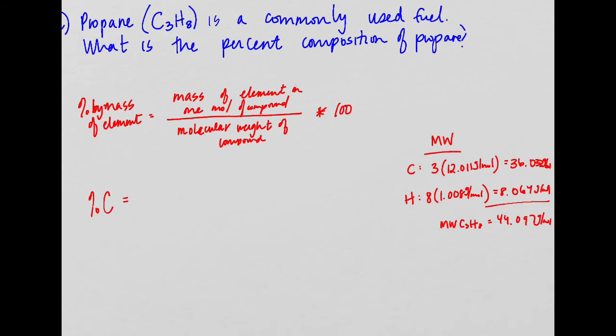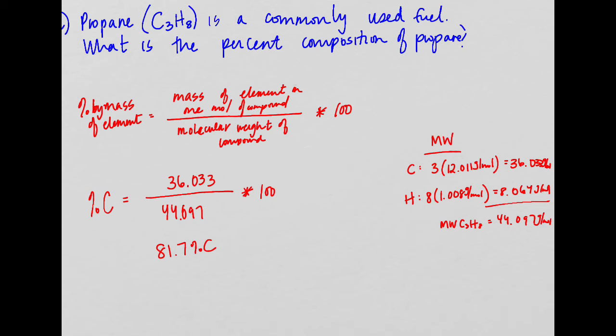Okay, so I'm going to use this information in order to solve for my percent carbon. So the mass of carbon in 1 mole of propane is 36.033. I divide that by the molecular weight of the compound, which is 44.097. Multiply that by 100, and I find that this compound is made up of 81.7% carbon.